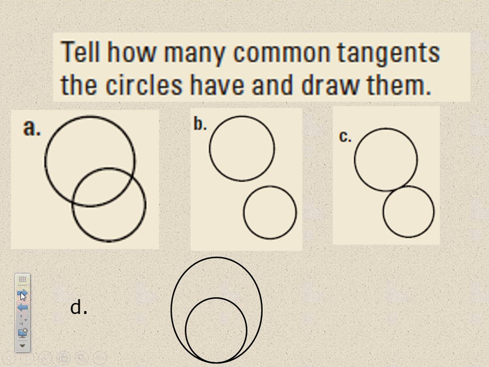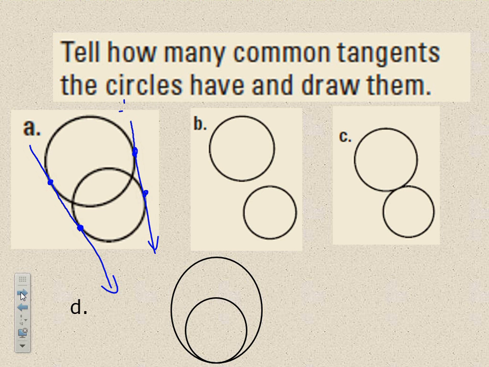So let's start with A. If I was going to draw the common tangents for these two circles, I know that a tangent line would have to come along and touch both of them. So I could swing one like this, because it touches the little one here and the big one here. I could swing one like this, because it touches the big one here, little one right here. But that's about all I could do. If I drew one out here, it would only touch the big one. It has to touch both.